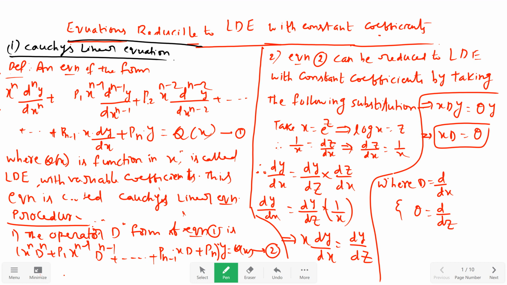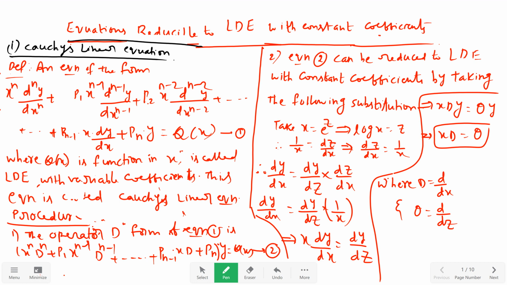Now we have a procedure for solving Cauchy's linear equation. The first step: equation 1 represents Cauchy's linear equation, that is, a linear differential equation with variable coefficients. Equation 1 can be written in operator D form.